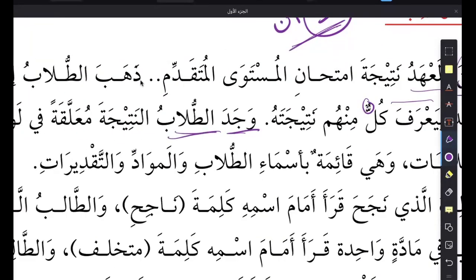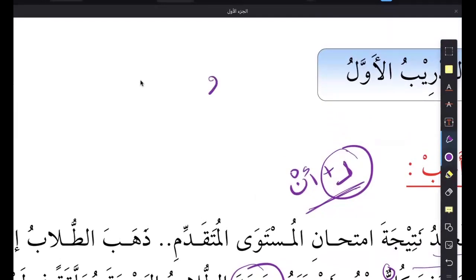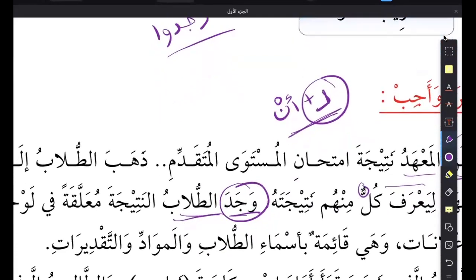The طلاب is plural, right? It's جمع. Why do we have a singular verb? Shouldn't it be وجدوا? So remember, guys, I don't think I mentioned this one, but I think it's kind of important. Verbal noun cannot be plural.